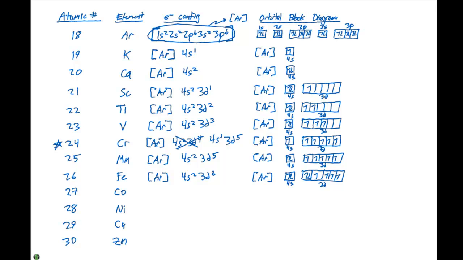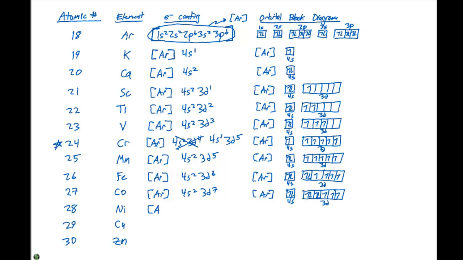For cobalt, we have our argon noble gas core, then 4s2, 3d7. That's going to give a block diagram with both electrons in the 4s, and then we need to put 7 electrons in the 3d. So 2 of those electrons would be spin paired and 3 of them would be unpaired.